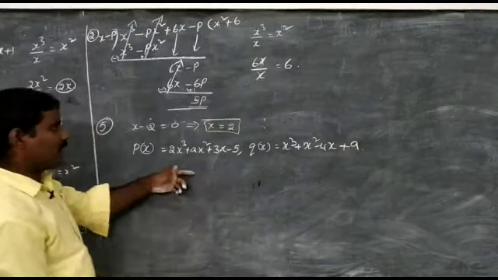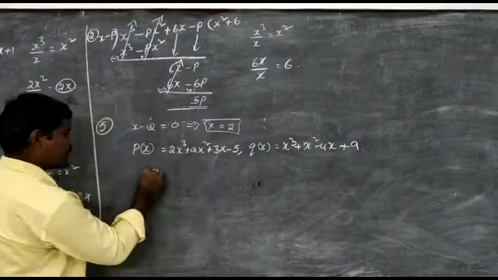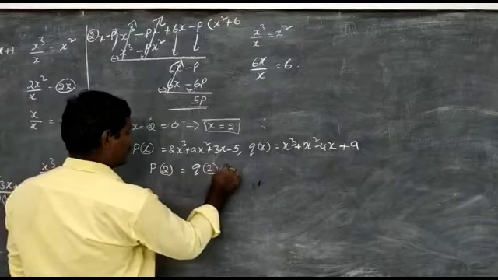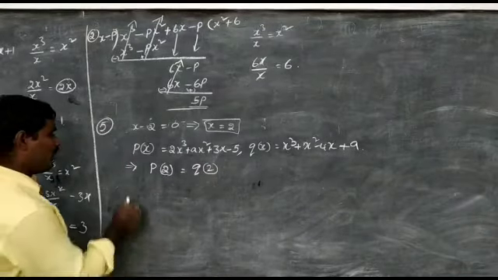Both the polynomials divided by x minus 2 leave the same remainder. That means p of 2 is equal to q of 2.